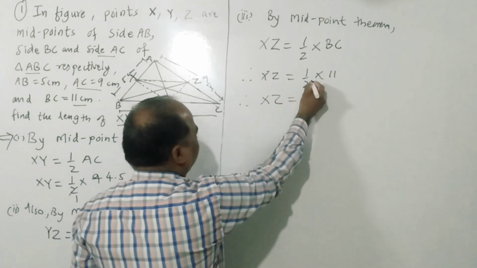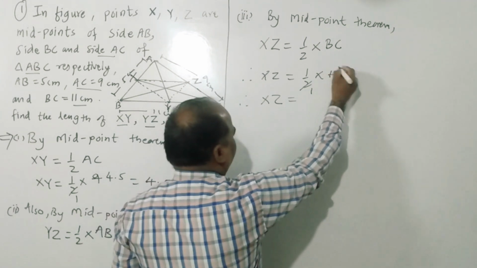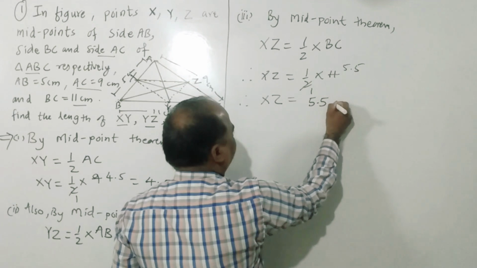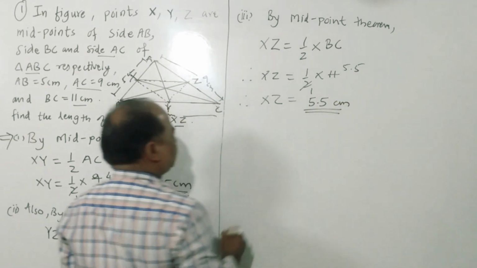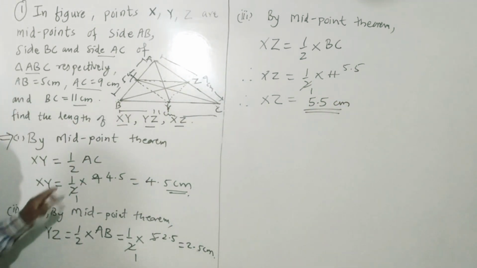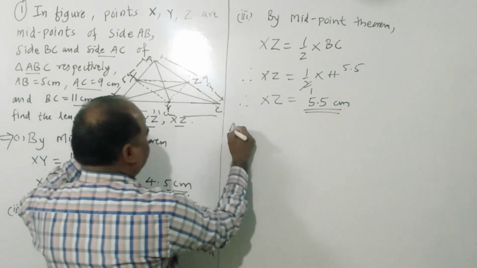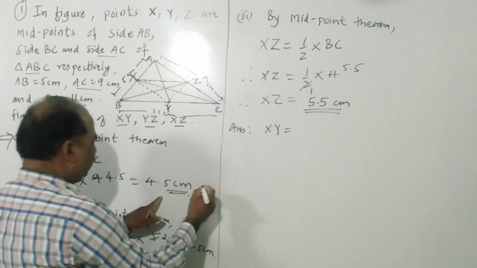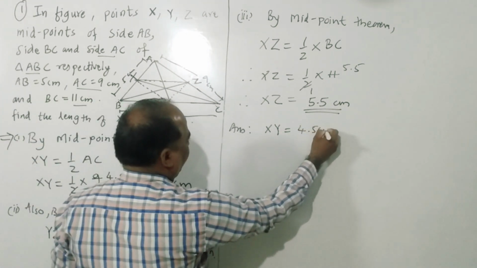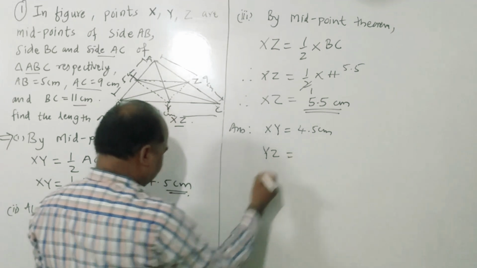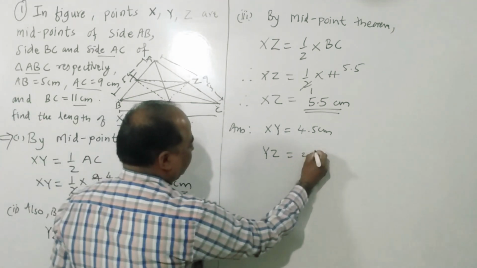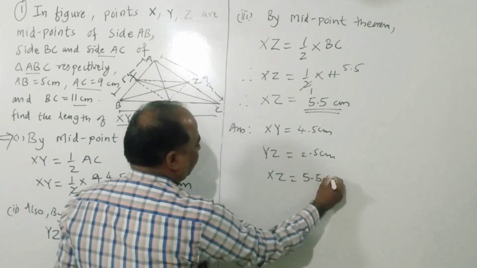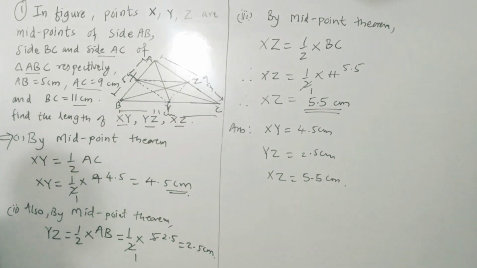So XZ is equal to 11 divided by 2, that is 5.5 centimeter. So the length of side XY is 4.5 centimeter, YZ is 2.5 centimeter, and XZ is 5.5 centimeter.